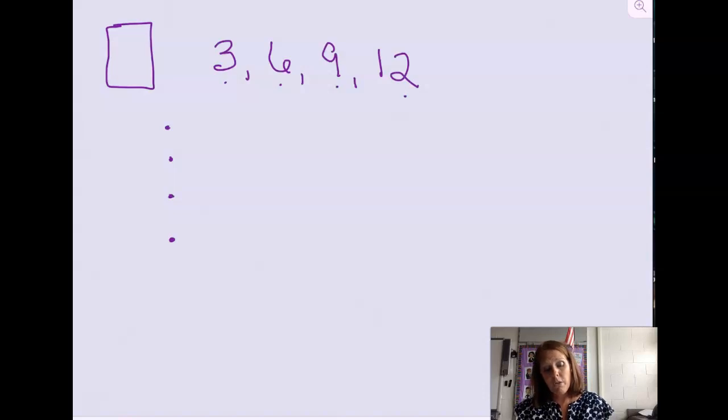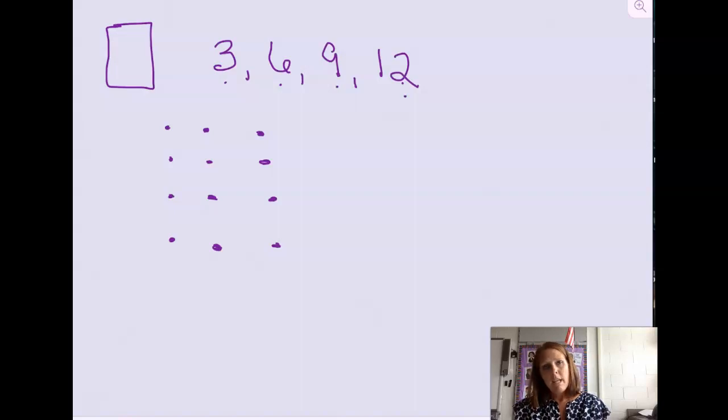We counted by threes, so how many are in each group? 3. There's 3 in each group. So I'm going to draw my array right there. So there we have 4 rows of 3 in each row, in each group.